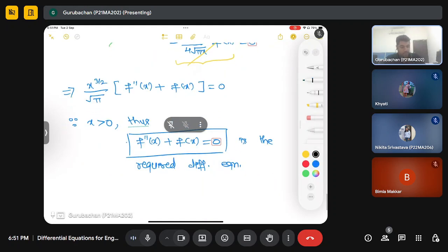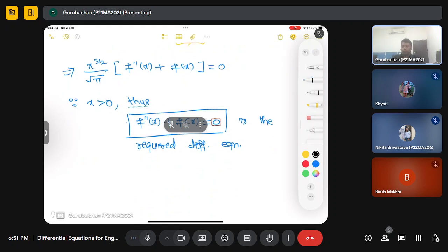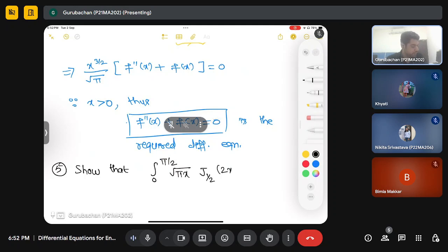Okay, so let me write the next question. Question number 5. In this, we have to show that the integral from 0 to pi by 2 of root pi x J half of 2x dx is exactly 1.